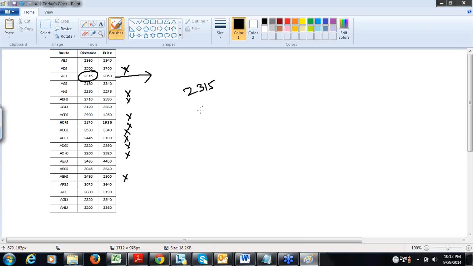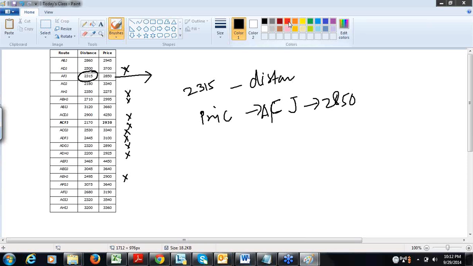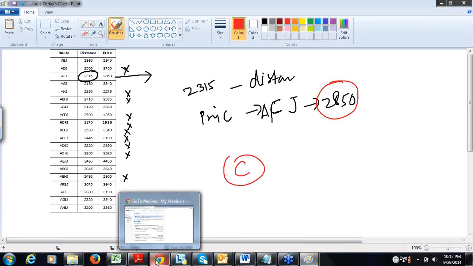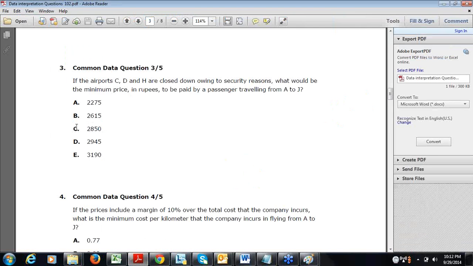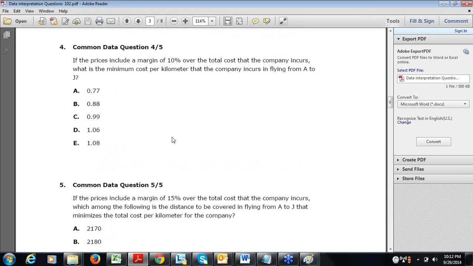So this is distance, and minimum price for this CAFJ is 2850. So 2850, option C. We'll go ahead and mark option C here. So 2850. Okay. Everybody clear till now?